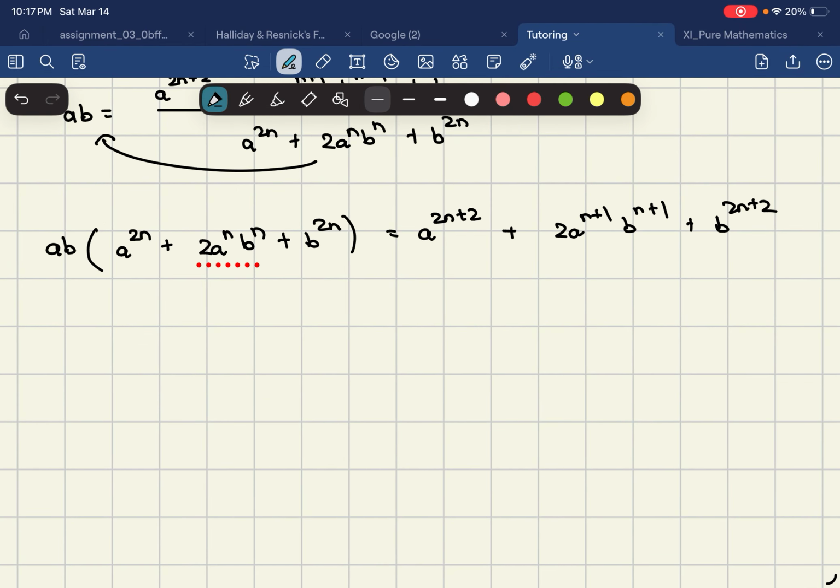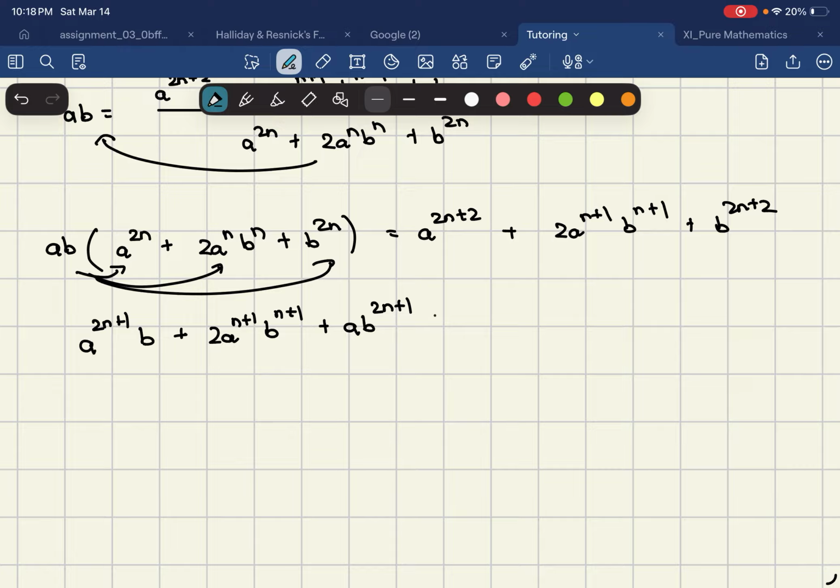Alright, so if I multiply things out, I get 2a to the power 2n plus 1b. If I multiply the first term, my second term becomes 2a to the power n plus 1 b to the power n plus 1 plus my third term becomes a times b to the power 2n plus 1. So I'm just multiplying it term-wise. And I get a to the power 2n plus 2 plus 2a to the power n plus 1 b to the power n plus 1 plus b to the power 2n plus 2.